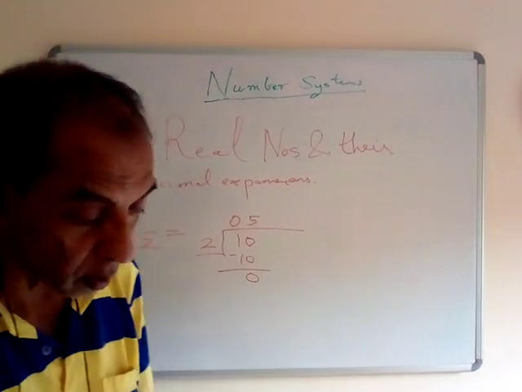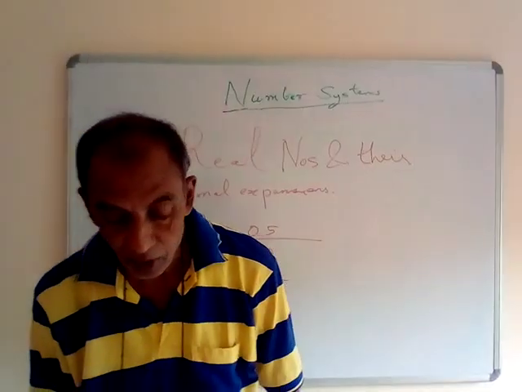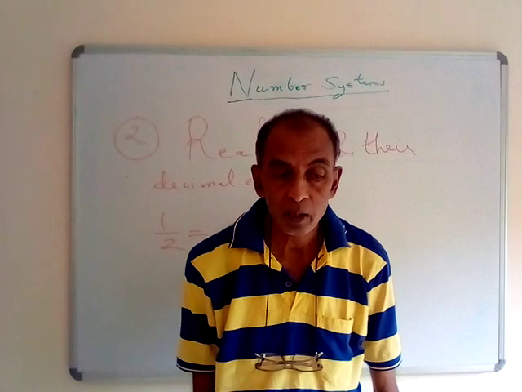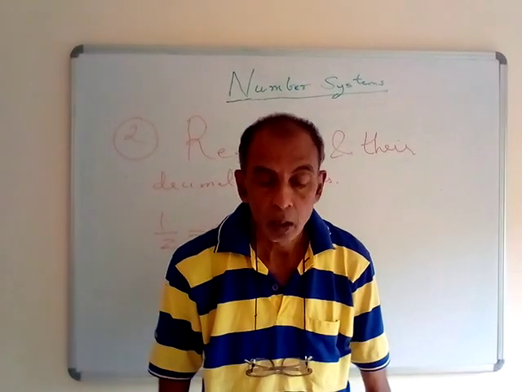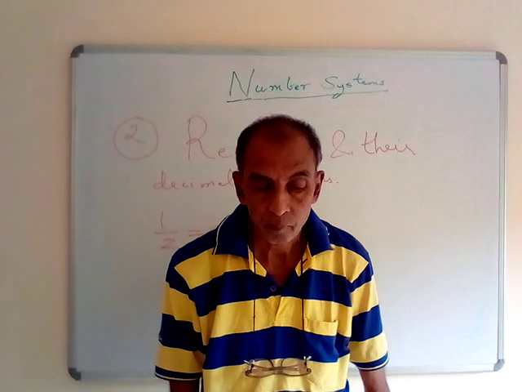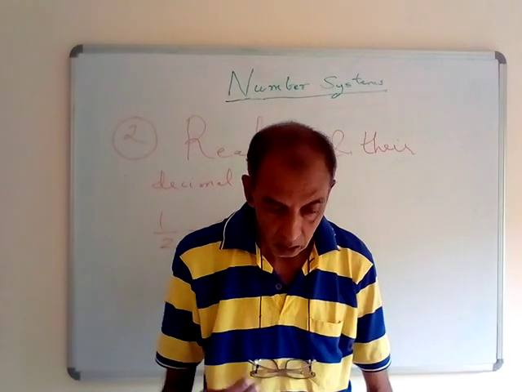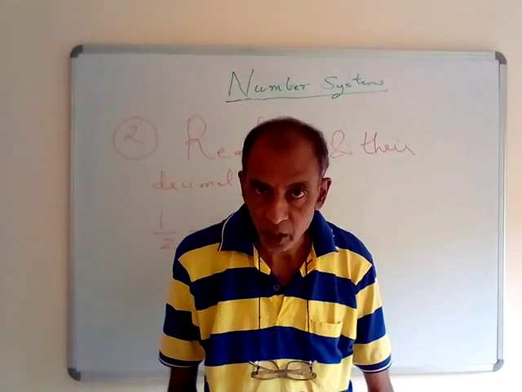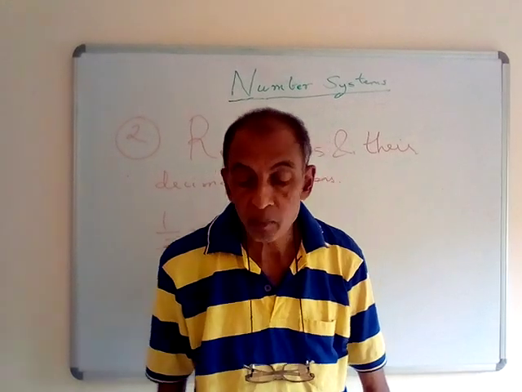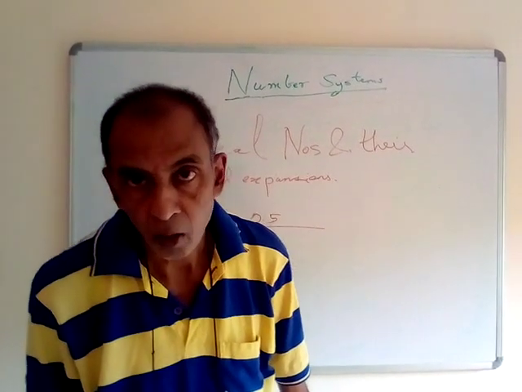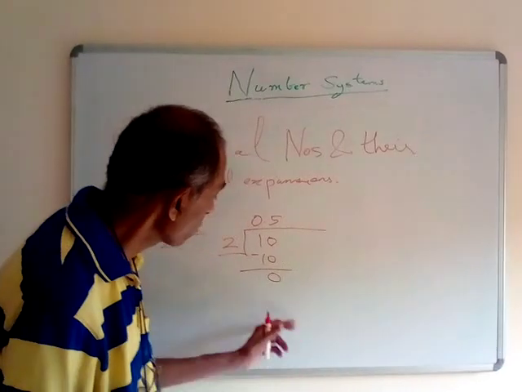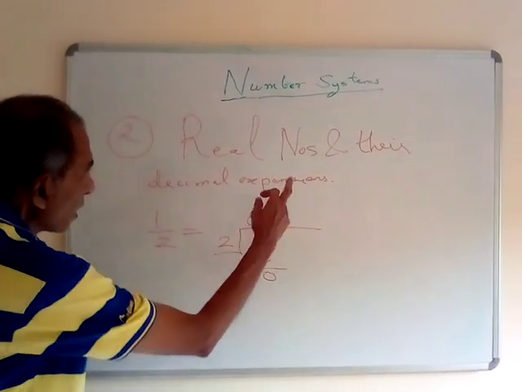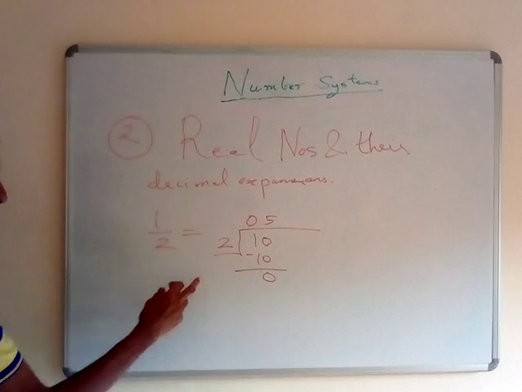So under decimal expansions we get to know whether the number is terminating or non-terminating. And again, sometimes if it is non-terminating, it can be repeating or non-repeating also. So a small example of this for real numbers and the decimal expansions, 1 upon 2.